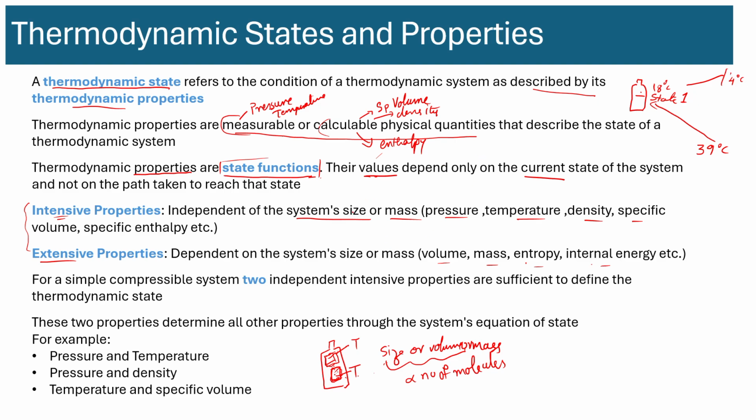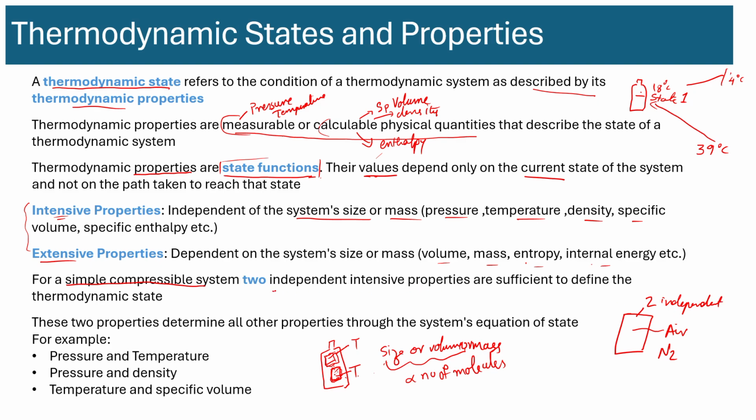Now, how many properties do we need to define a state? For a simple compressible system, like a simple gas, let's say air or nitrogen, all you need is two independent properties.